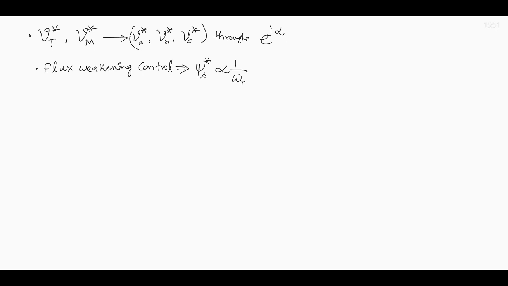Let us take an example, a sudden increase in the speed.